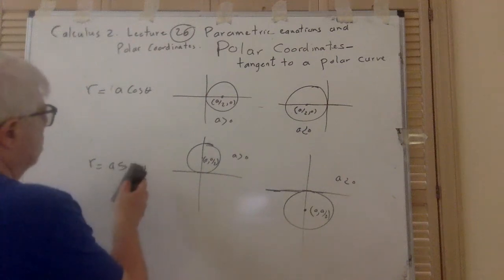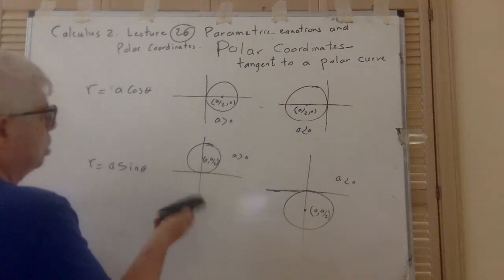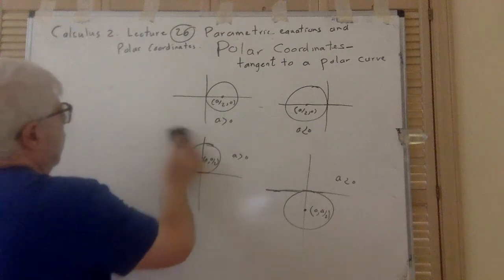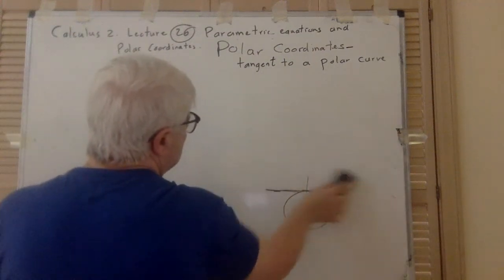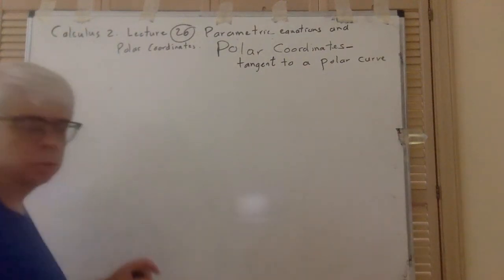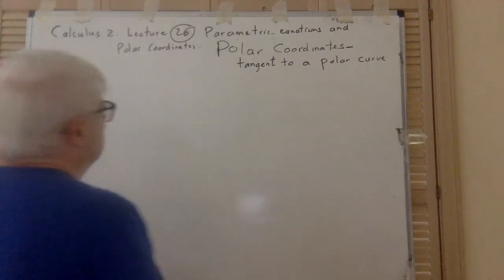So these are circles. There's another type of circle, which is r equals a constant. r equals a constant is like y equals a constant.